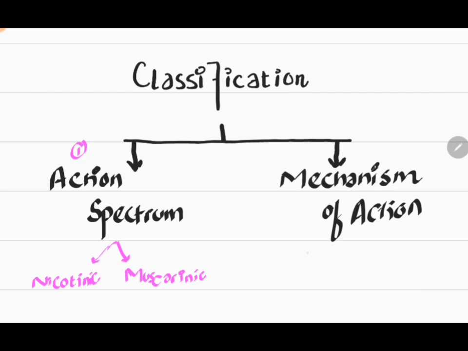The mechanism of action involves two mechanisms: either the drug will have a direct agonist effect on the receptors, or it will be indirect acting, which means that the drug will increase the concentration of endogenous acetylcholine to augment the effect of the acetylcholine already present in the neuromuscular junction.